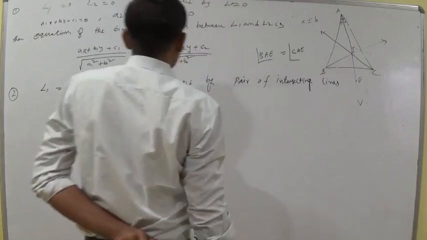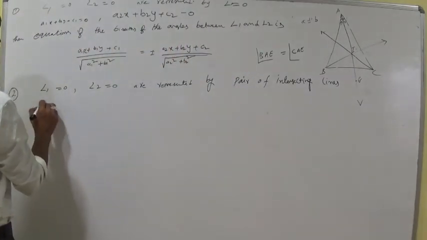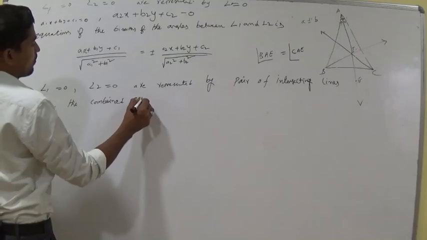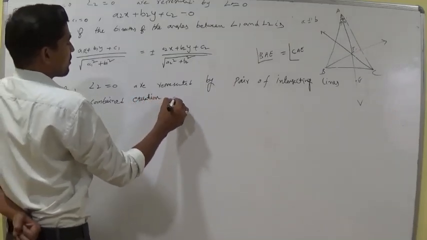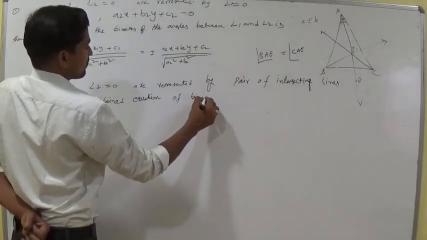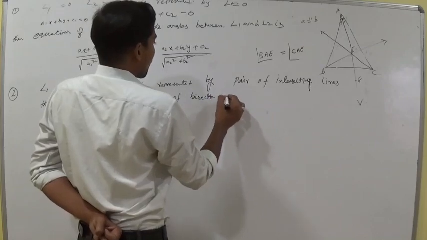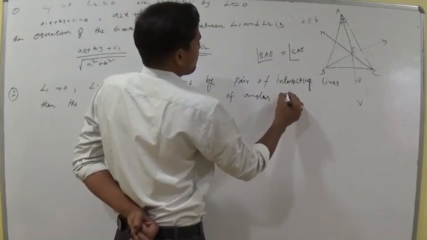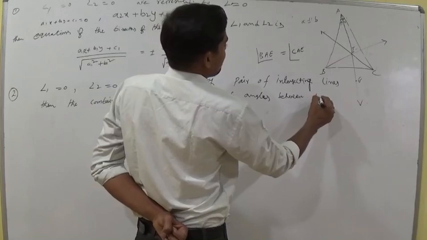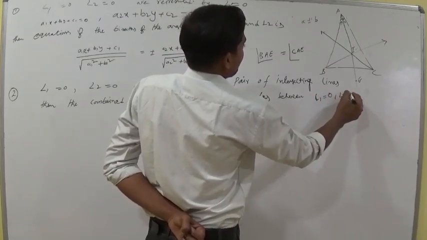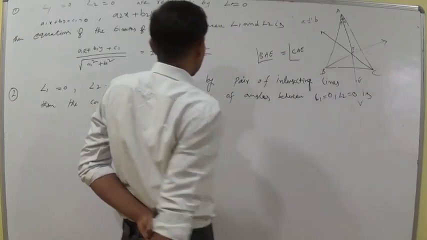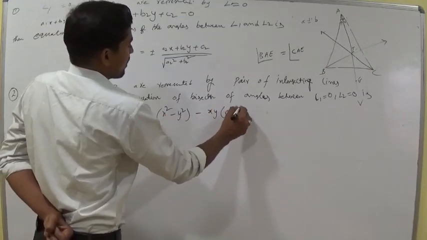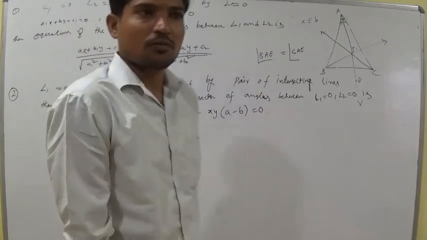Then the combined equation of the bisectors of angles between L1 equal to 0, L2 equal to 0 is h into (x square minus y square) minus xy into (a minus b) equal to 0.